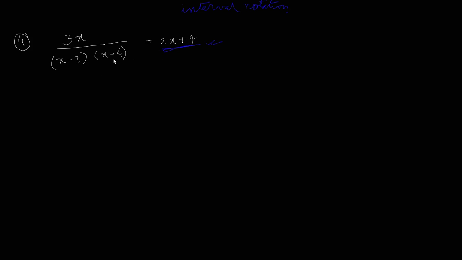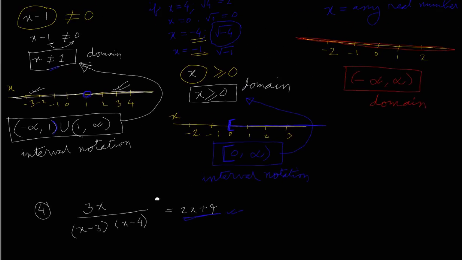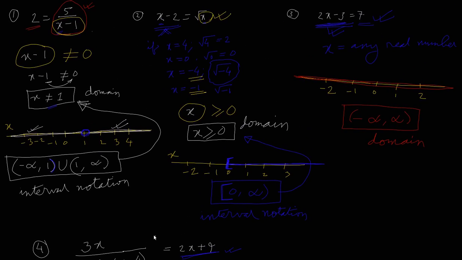Now let's look at the left hand side. Here I have a denominator. As we saw in our previous example 1, the denominator cannot be 0, because if the denominator is 0, then the equation is not defined.